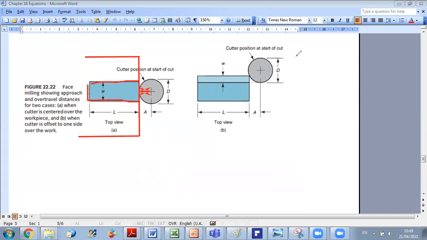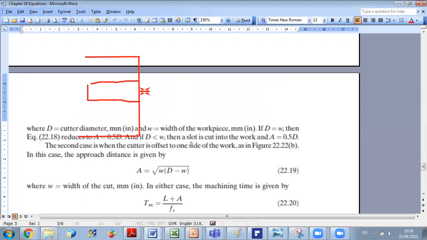Okay, so in this case, a slot is cut into the material, and then we can determine in all cases the machining time by L plus A over F.